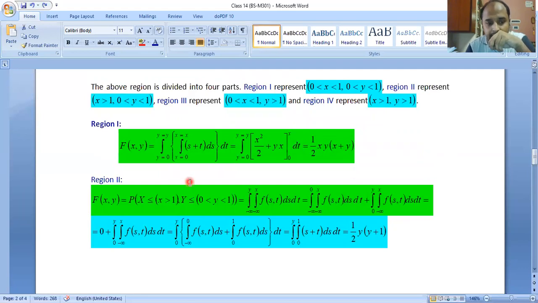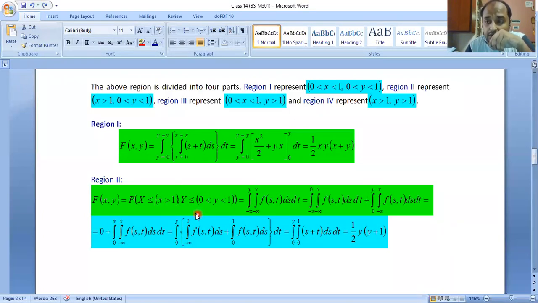Region 2, I have shown this region elaborately, so pay attention. F of x,y: now here capital X is less than or equal to small x, but the nature of small x is that x will have values greater than 1.